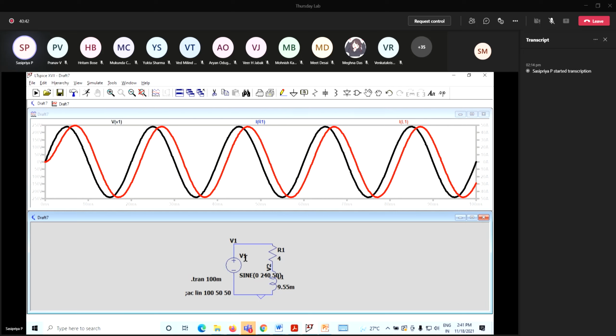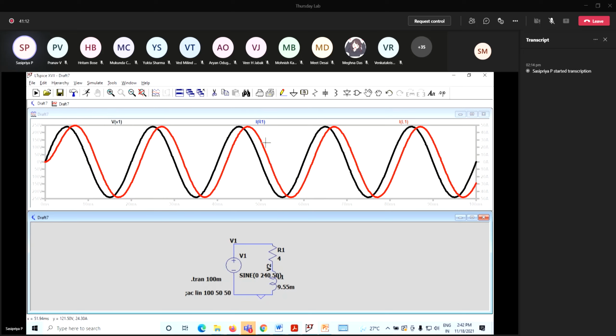But in SPICE, you could see the arrow direction is downward. So the current flowing through the source will be opposite to that of the current flowing through the resistor and inductor. That is the reason in AC analysis also we got a different polarity. The magnitude was showing a negative value, and the phase angle also we got a different value. So let us not plot it, because it's going to be the same.